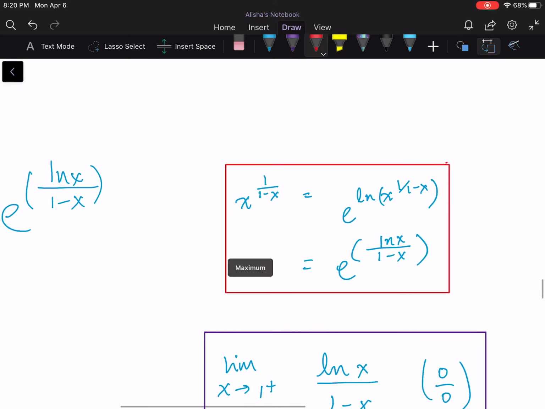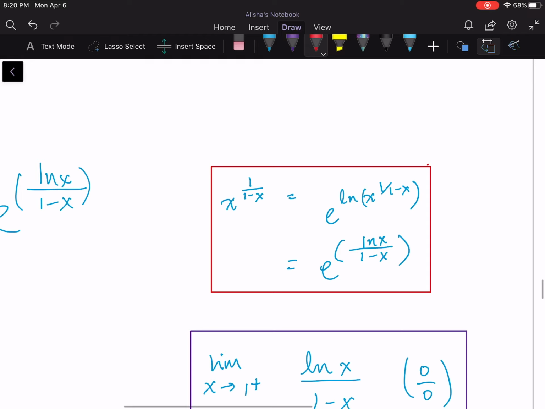The first step is going to be a little bit of algebra. So the first step is to rewrite that x to the power 1 over 1 minus x, to change the base, essentially. So we change the base from x to e, and you can check that this equality is true, right?